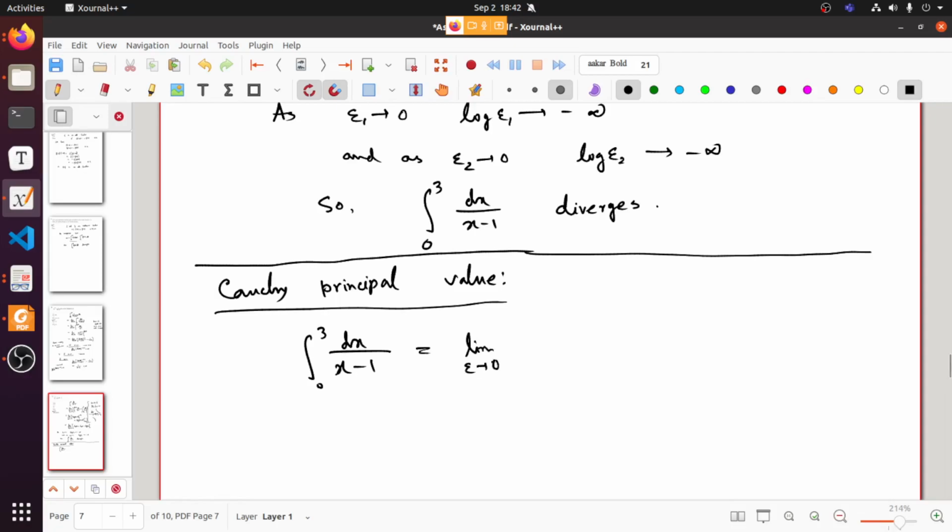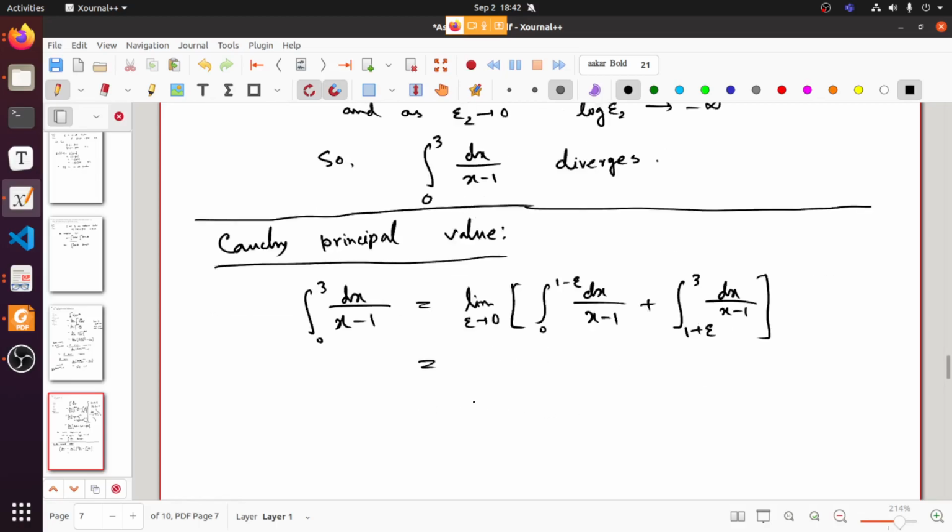With epsilon tends to 0, it is the integral from 0 to 1 minus epsilon of dx by x minus 1, plus the integral from 1 plus epsilon to 3 of dx by x minus 1.